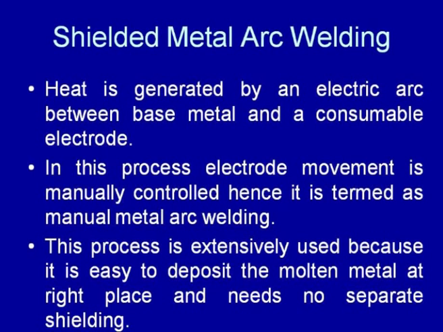So, in this process the electrode is moved manually for controlling the placement of the molten weld metal between the weld joints, and therefore, it is termed as the manual metal arc welding process.